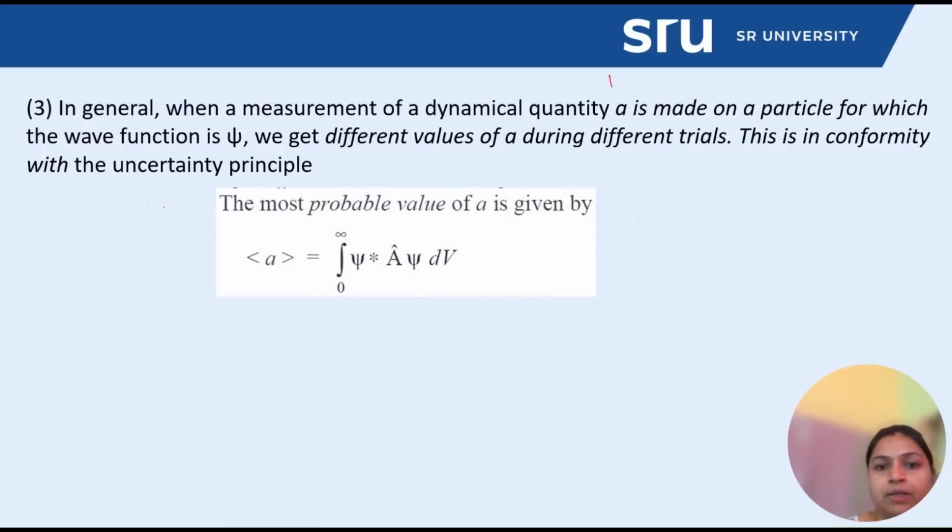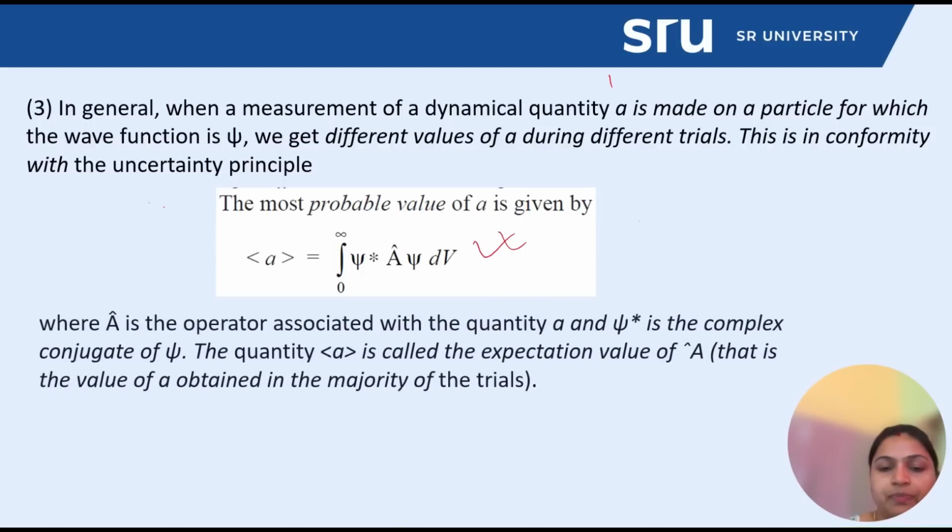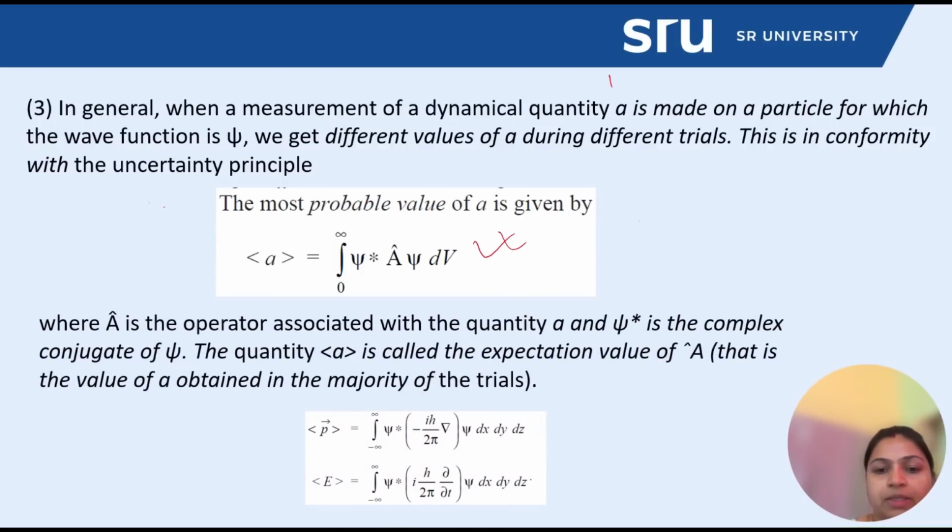The most probable value of A is given by the integral of psi star A operator psi dv, and the momentum will be denoted by the integration from minus infinity to plus infinity of psi star, within brackets minus i h by 2 pi del psi, in three dimensions dx dy dz, or one can write dv. Similarly the expectation value of the energy operator can be defined as the integral of psi star, energy operator, psi, dx dy dz.